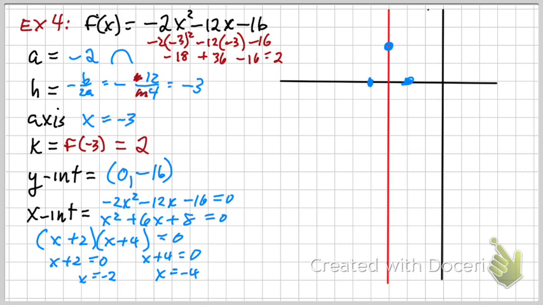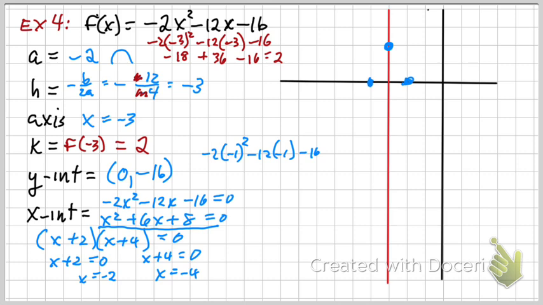If I plugged in negative 1, what would I have? I could do it off this one right here, couldn't I? Or could I? Maybe not. So I'll plug in negative 1, so I'd have negative 2 times negative 1 squared minus 12 is negative 1 minus 16.